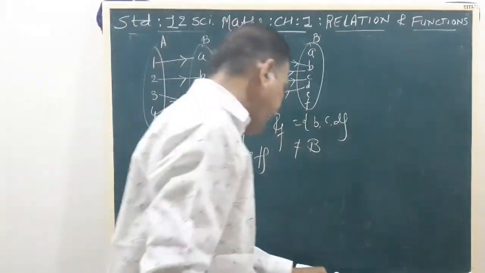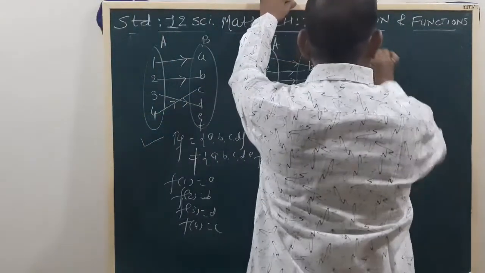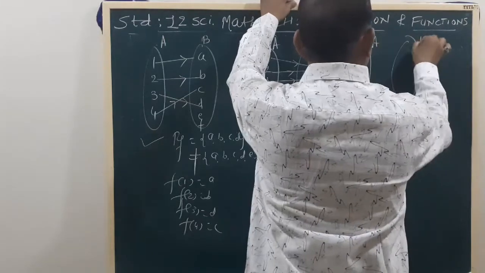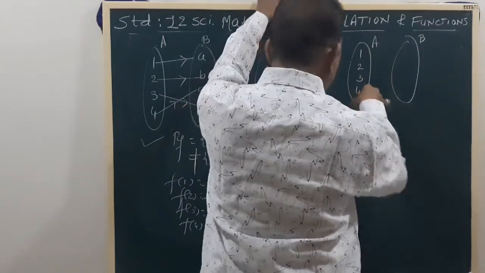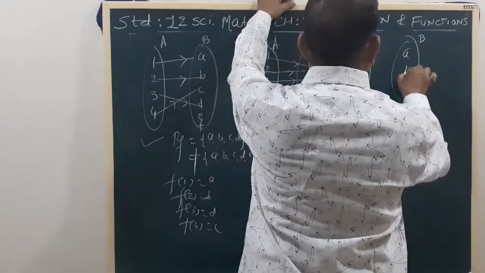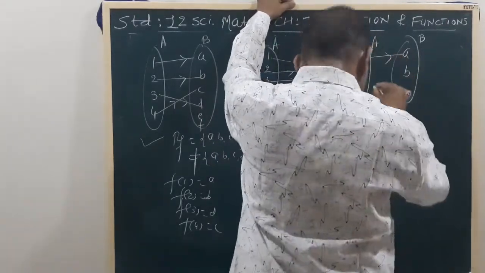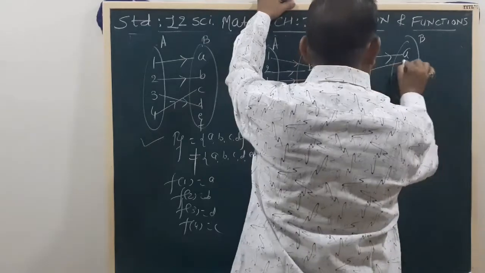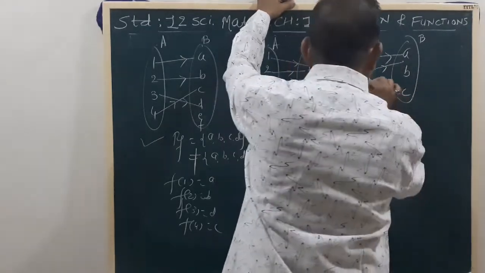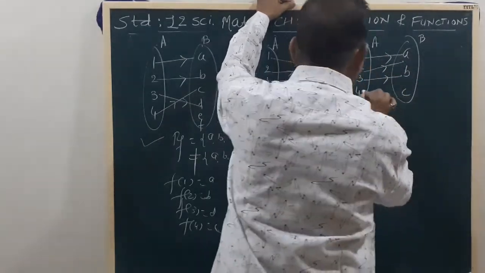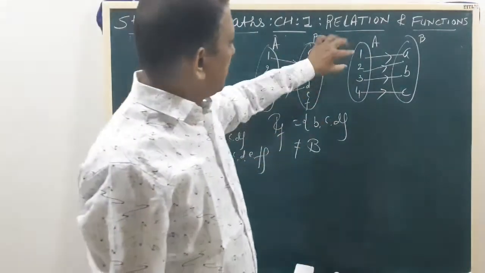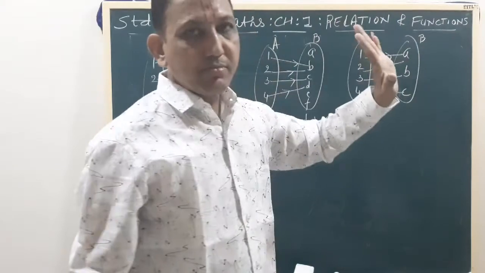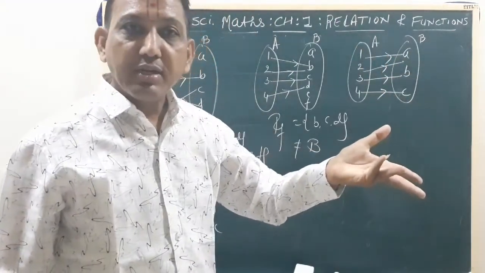Clear? Okay. Now look at the third figure. A and B. 1, 2, 3, 4. A, B, C. 1 goes to A, 2 goes to A, 3 goes to B, and 4 goes to C. Look here: different value, but same answer. Many-one function, right?